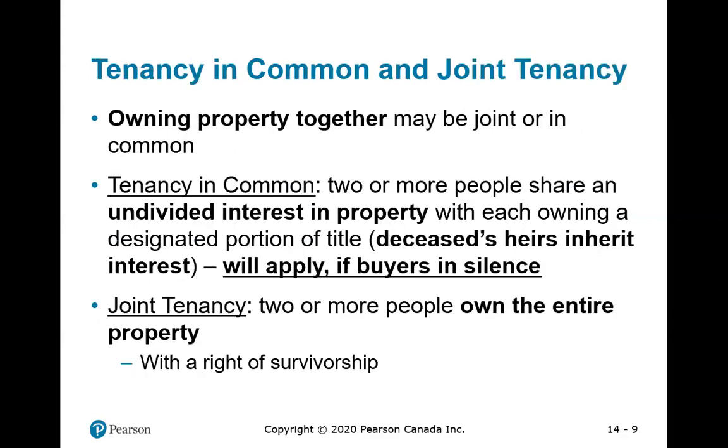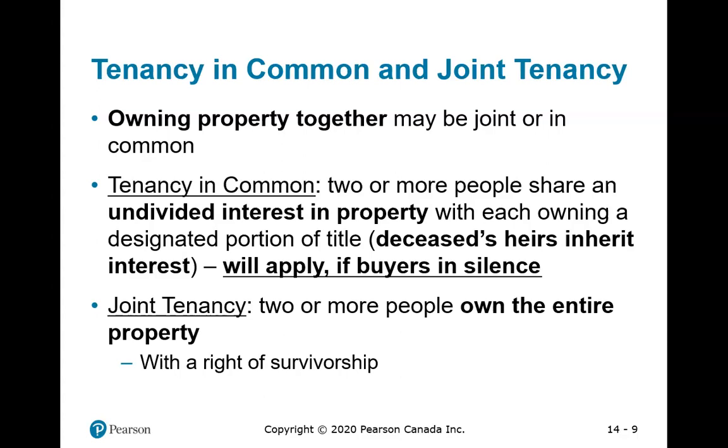Now, when we own property with someone else, the general rule is that we own as tenants in common. As tenants in common, each one owns their own part. So let me use here the table as an example. So let's say we have this land. Those two tables, they represent the land. My wife and I own this land as tenants in common.